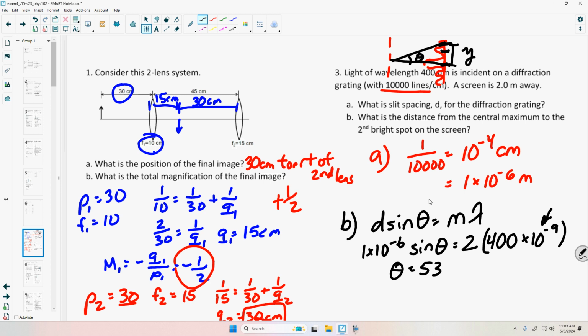Theta is 53 degrees. And then y is equal to L tan theta. L is just the distance to the screen. That's 2 meters. So 2 tan of 53, which is 2.65 meters, 2.7 meters.